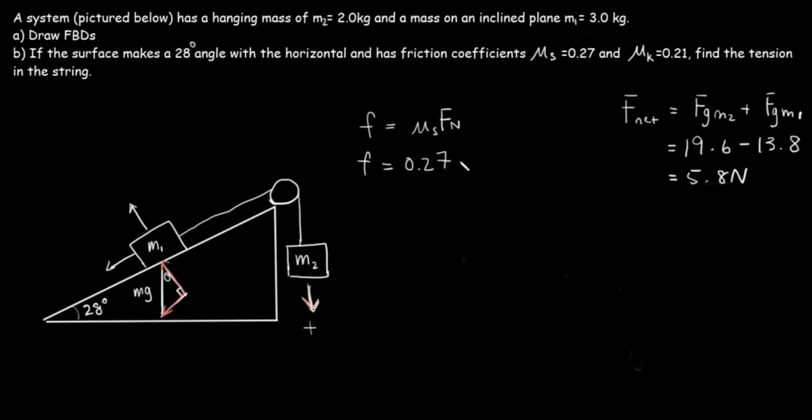We're just going to do it the fast way and do the hypotenuse, which is mg. And in this case, the normal force is adjacent to the angle. So we're going to use cosine, and the angle is 28 degrees. Okay, and let's see what we get.